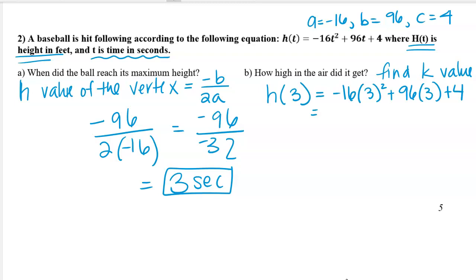Positive or negative? That's not negative. All right. Continue, Tyler. 96 times 3. 288. Drop the 4 down. Now punch it all in. Give me an answer.